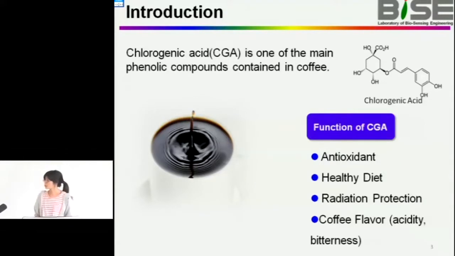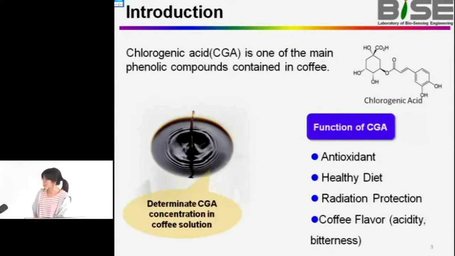It can prevent body cells from oxidation. It plays an important role in a healthy diet. It can prevent people from radiation harm. It also contributes to the formation of coffee flavor such as acidity and bitterness. So based on these functions, determining CGA concentration in coffee solution becomes necessary.